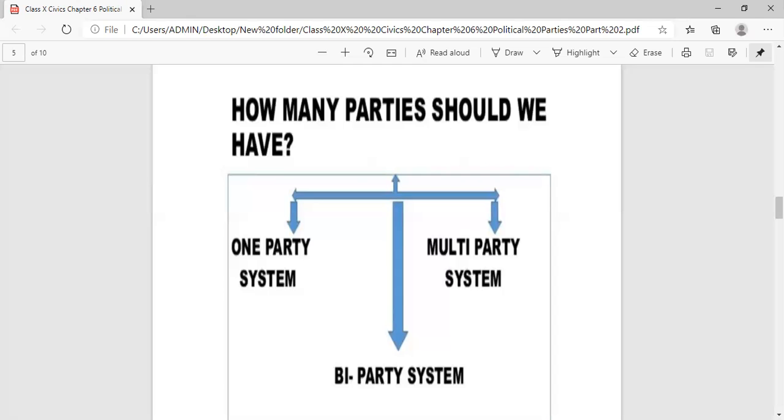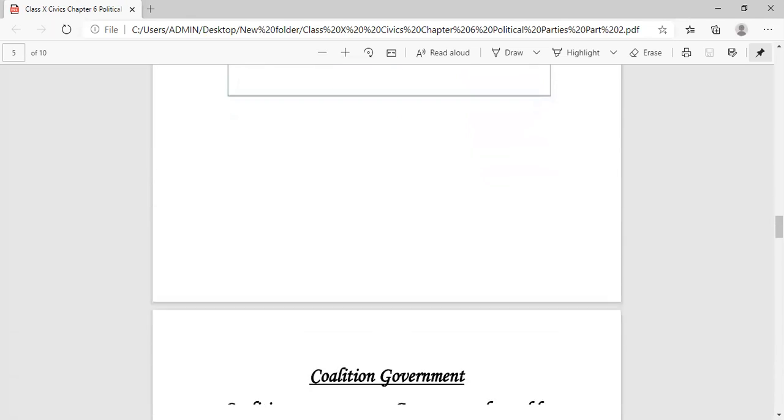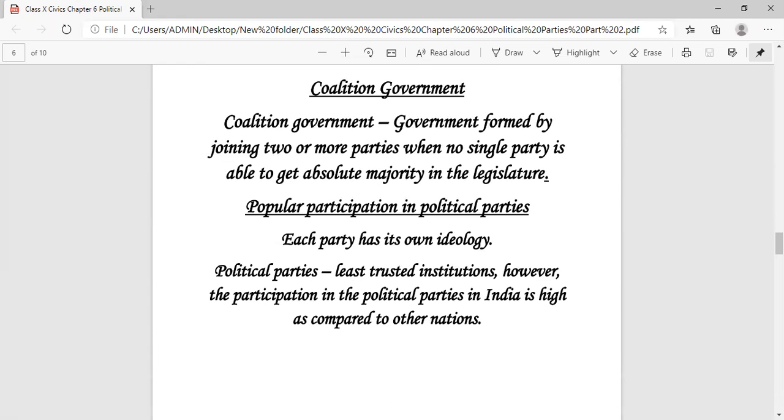And the next slide is explaining about coalition government. So coalition government means when no single party is able to get an absolute majority in the legislature and is not able to form the government, and the government is formed by two or more political parties coming together, that is known as a coalition government.